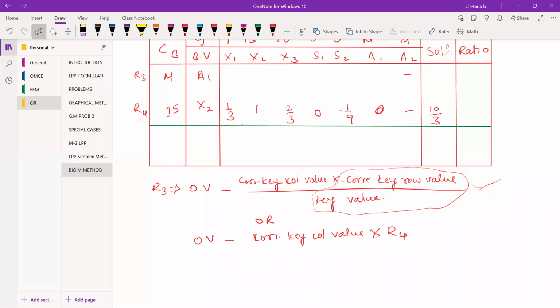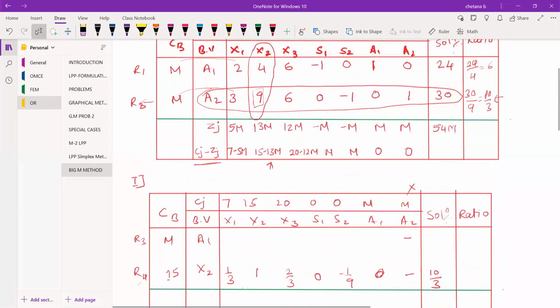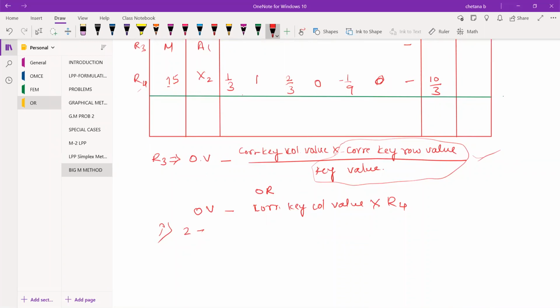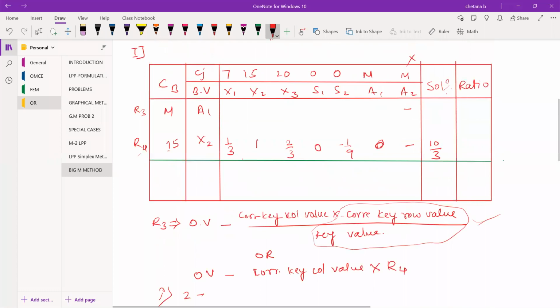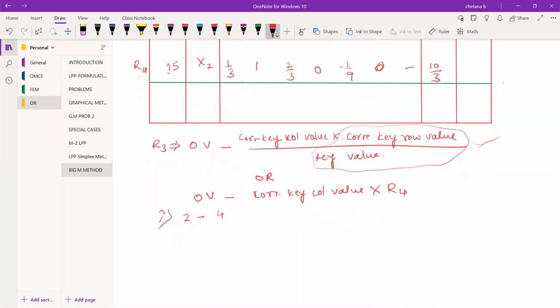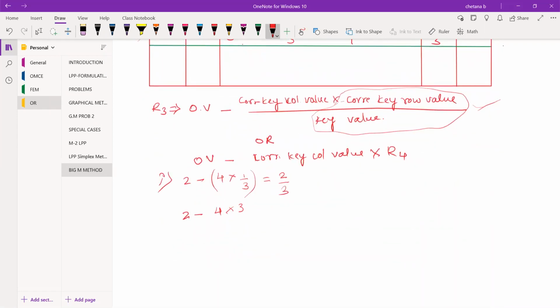So for the first new value, the old value is 2, minus the corresponding key column value, which is 4, into R4, 1/3. I'll show you both calculations, then you can take whatever is easy for you. So it is 2/3. Old value is 2 minus corresponding key column value 4 into corresponding key row value 3 divided by key value 9. 3 ones are 3, 3 threes are 9, so it is nothing but 1/3 only.